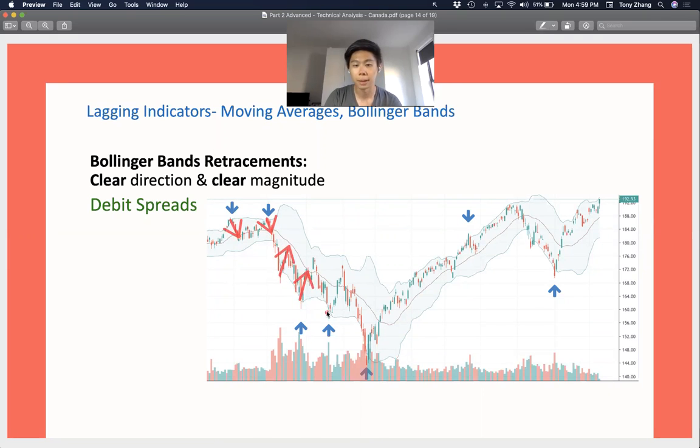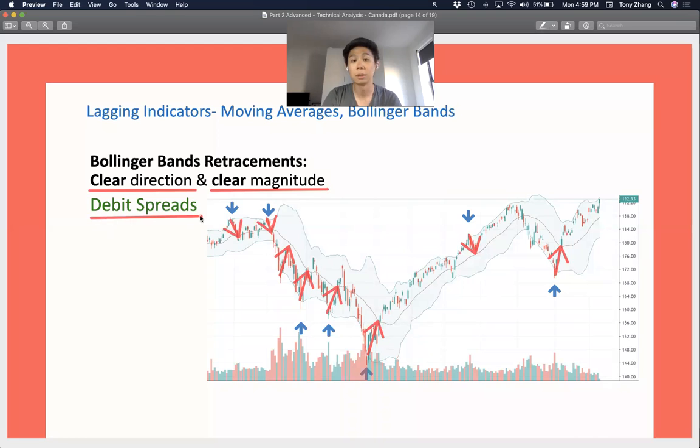What's interesting about a Bollinger Band is that this is one of the few strategies that involve a moving average that give you not only a sense for direction, but also a clear sense for magnitude, because you can measure the move from the top of the band back to the moving average. Every time it exceeds that band, you're basically expecting the stock to revisit the moving average. So you know where the moving average is, so you can use that to determine both the direction and the magnitude. And for those, you can use debit spreads.